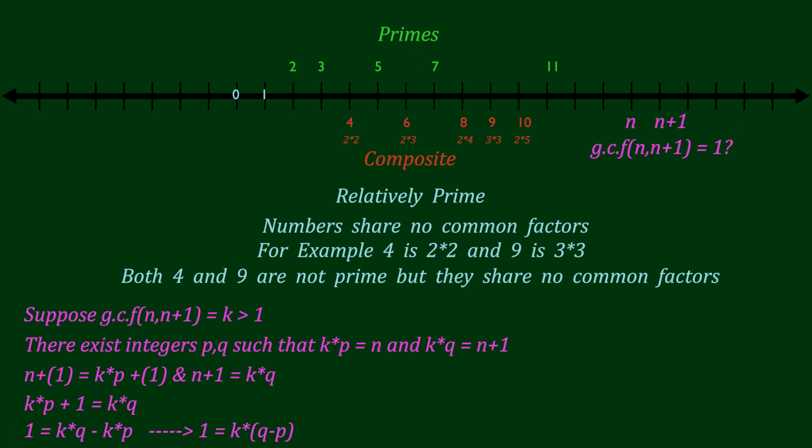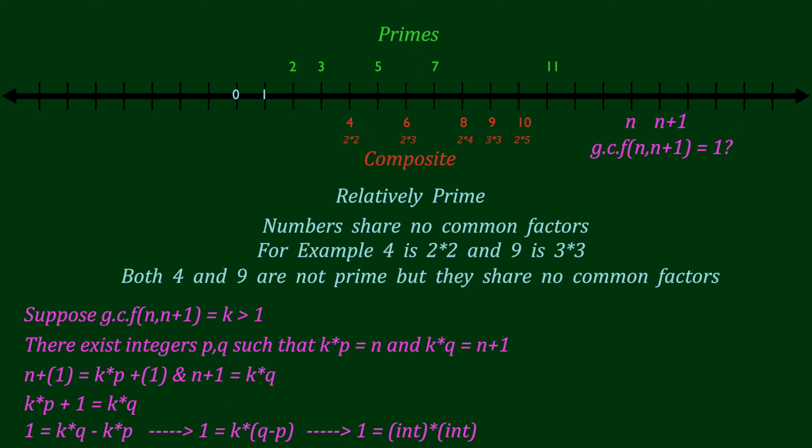Since p, q, and k are all integers, this means that 1 equals an integer times an integer. This means that k and q minus p are equal to plus or minus 1, since these are the only possible solutions that we can have to an integer times an integer equals 1.